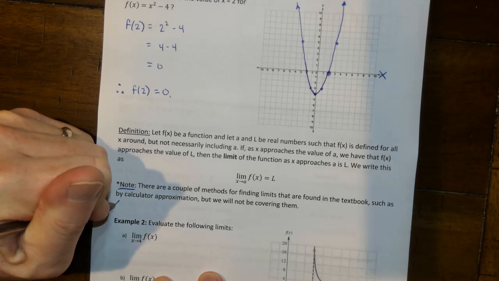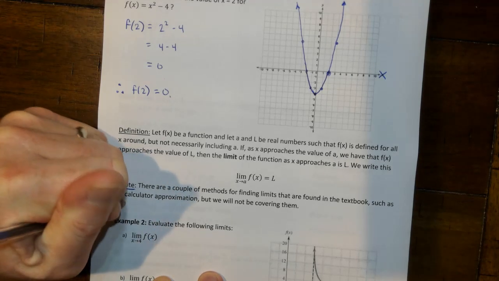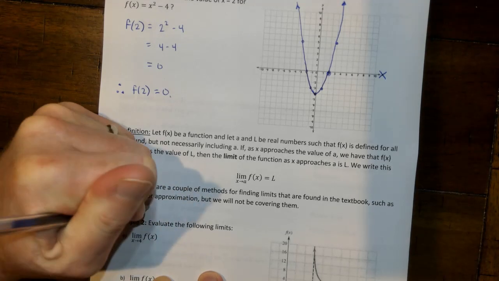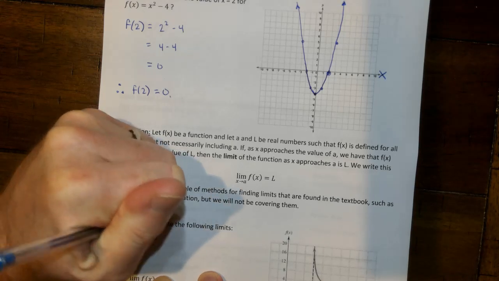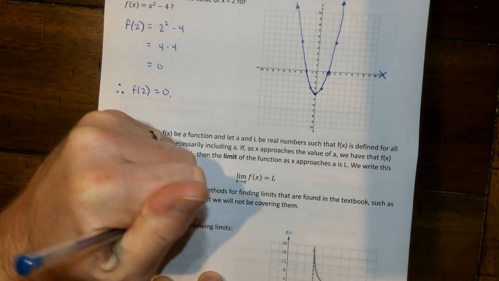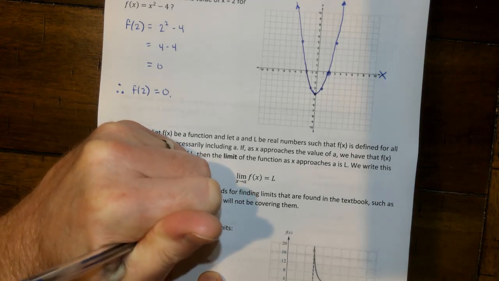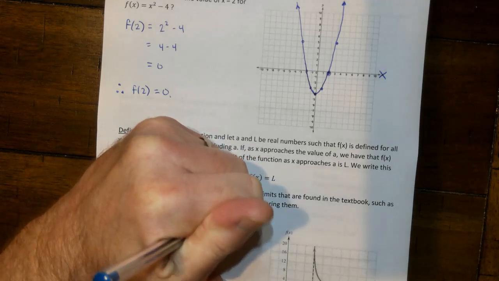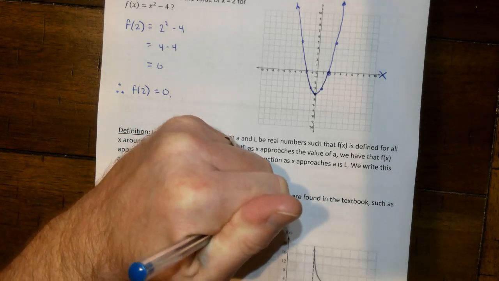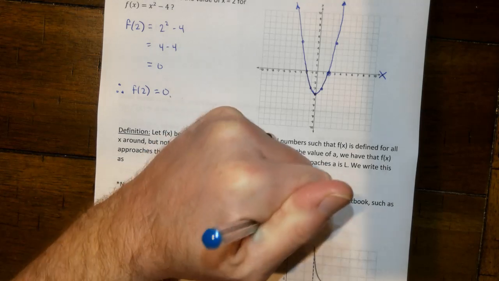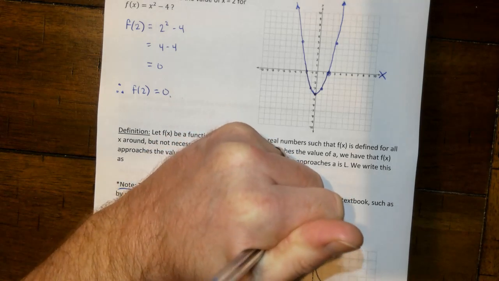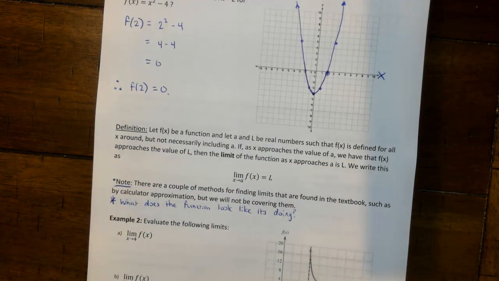I'm going to write it down above example 2. What does the function look like it's doing? That's the question, especially if we're looking at the graph, that you want to ask yourself.